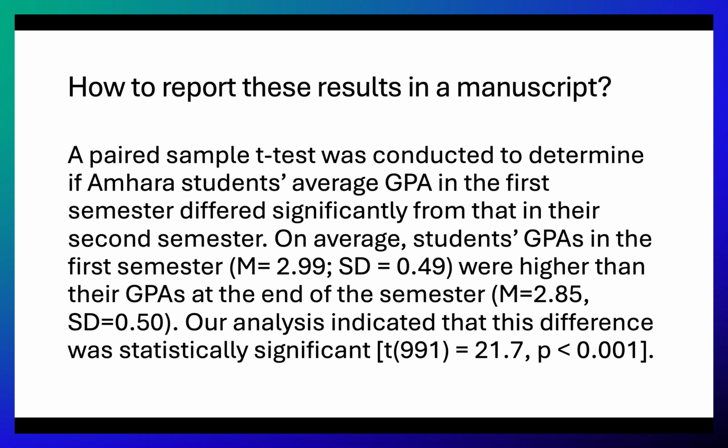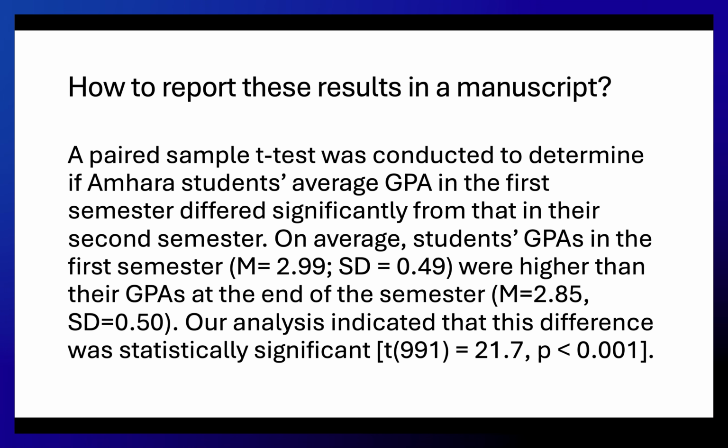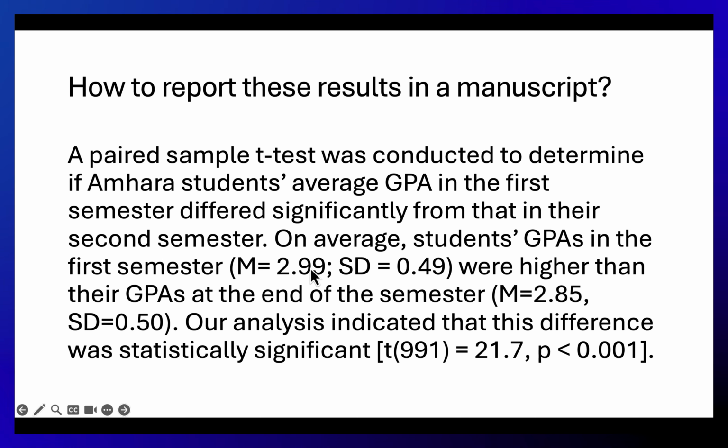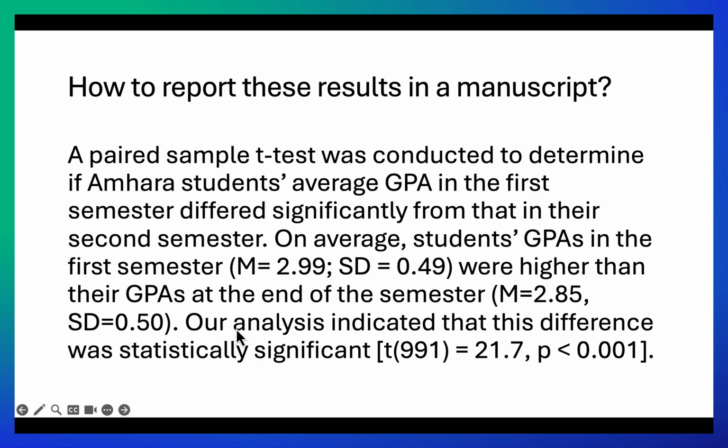If we wanted to write this up in a manuscript, similar to our previous examples, we would explain that we conducted this paired samples t-test to see if the GPAs differed significantly over time, and that we found on average students' GPAs in their first semester were higher than the GPAs at the end of the semester. Here are our means and standard deviations, and finally that those differences are probably not due to chance, and our analysis indicated that this difference was statistically significant.